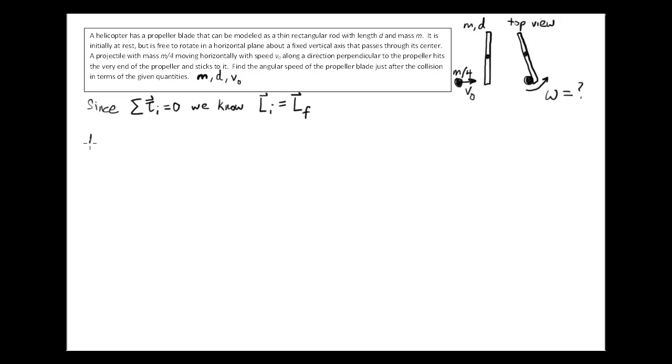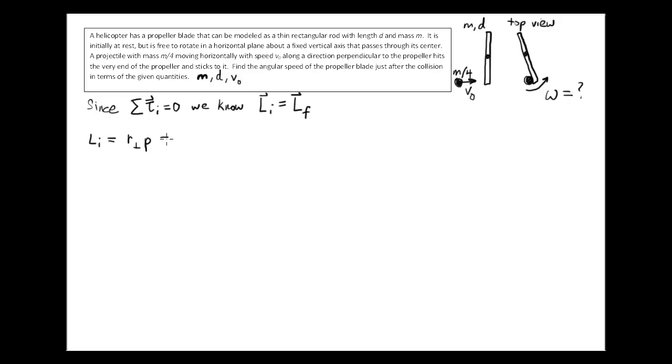So L initial: the only thing moving initially is the mass m/4. It's moving at a speed v0, and it's going to hit the rod at a distance away from the rotation axis that's half its length. So here we want to use the formula r perpendicular times p, and we'll get the direction in just a minute.